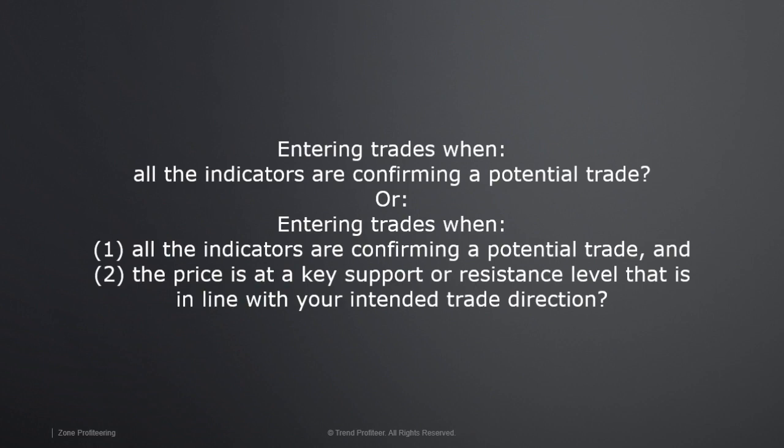In other words, price has got the backing of support on a buy or the backing of resistance on a sell, in addition to the trade being a valid Trend Profiteer trade. Either a trend trade or a swing trade, it does not matter.